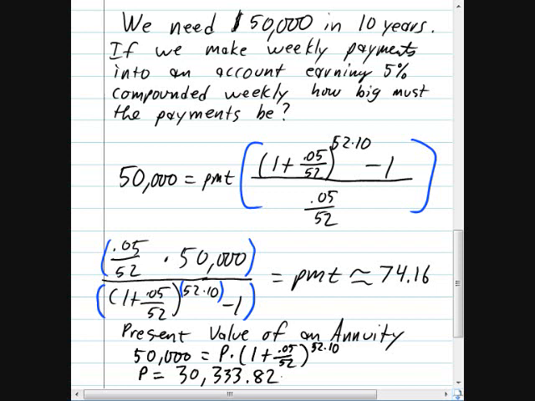So that would be the present value of this annuity. So another way to think about this is if somebody told you they were going to pay you $74.16 every week for the next 10 years, you would be willing to, if you had a 5% investment that you were placing this in, exchange that annuity for $30,333.82 right now, because if you put that money in the same account, you would generate the same $50,000 in 10 years.